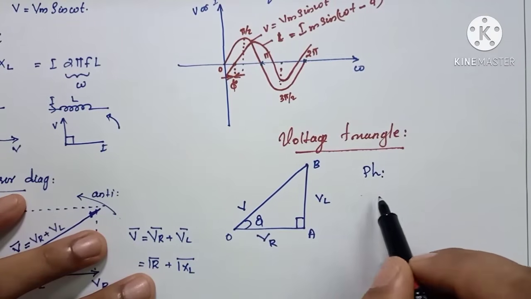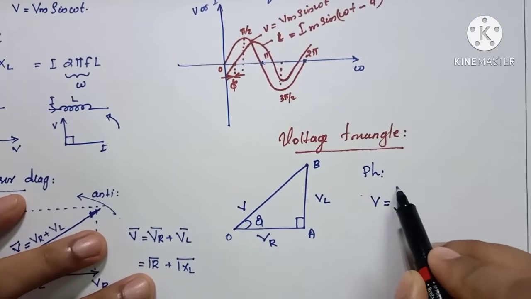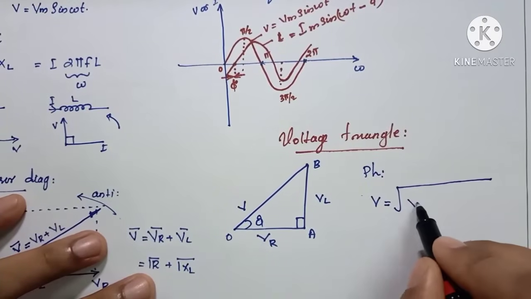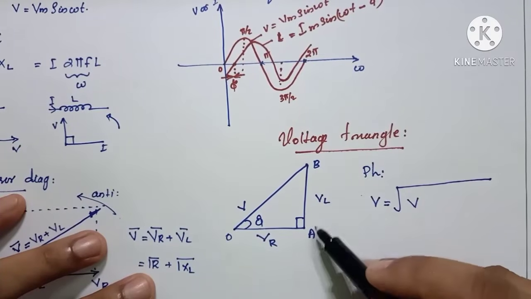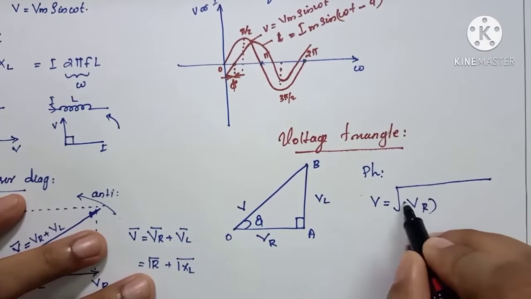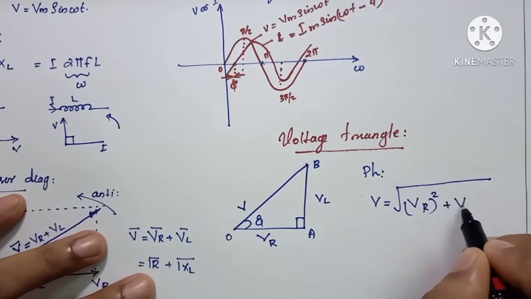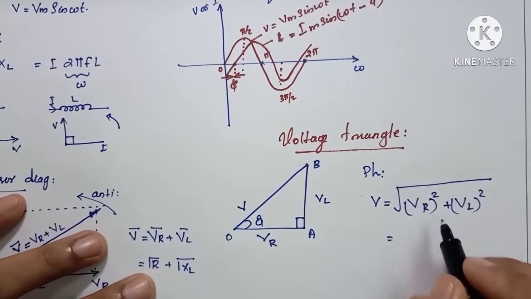And from this triangle, by Pythagoras theorem, it is very clear that the resultant voltage across OA, that voltage V, will be equal to the square root of base square plus this AB square. Okay, so VR square plus VL square. And what is VR?